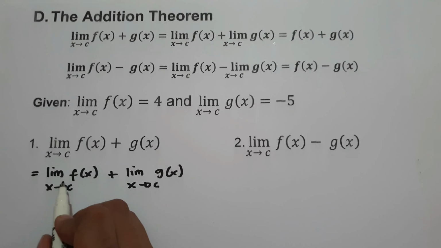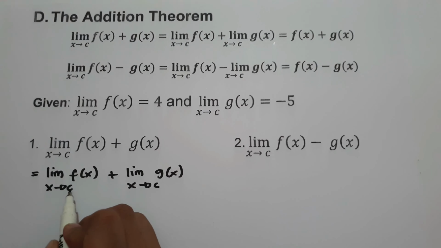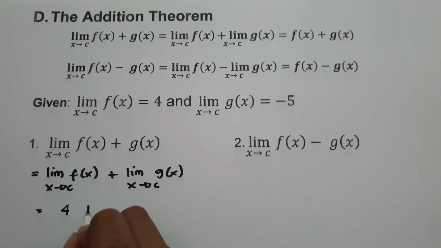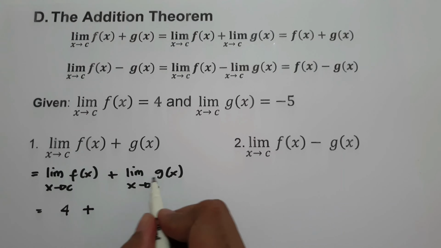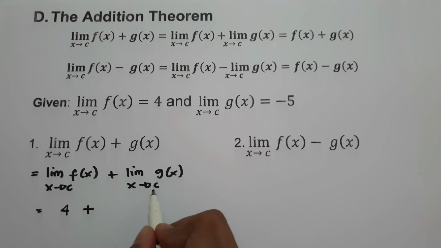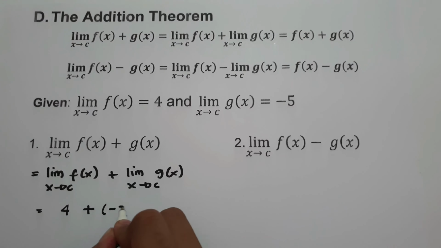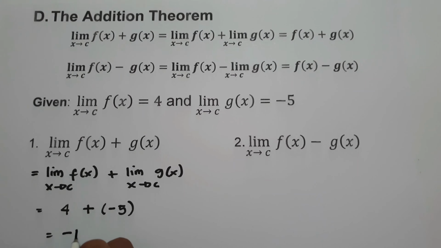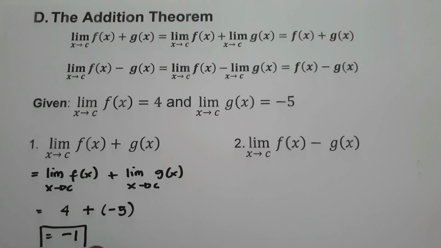So the value of the limit of f of x is 4, and the value of the limit of g of x is negative 5. So therefore, 4 plus negative 5, that is negative 1. And this will be our answer.